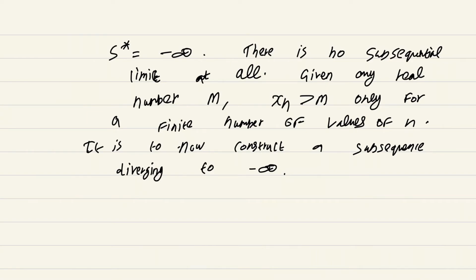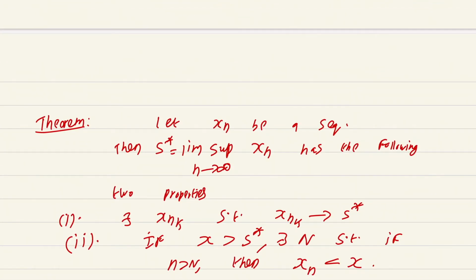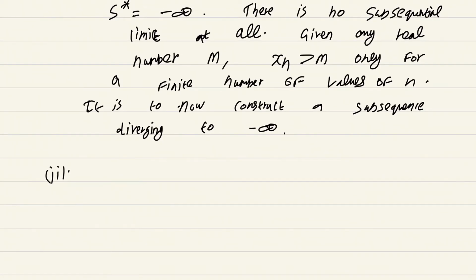Now on to the second part. Let's just recall. The second part asks us to show that if a number x is greater than S star, then there exists N such that if n is greater than N, then xn is less than x. Okay, now again we can use a similar logic to what we have seen so far. Do the following.